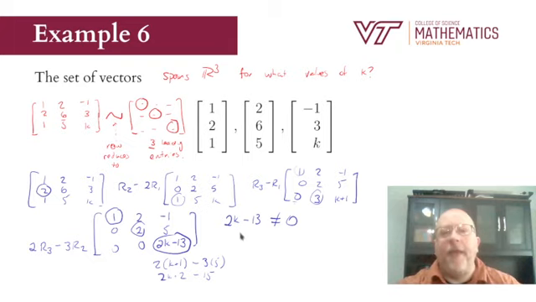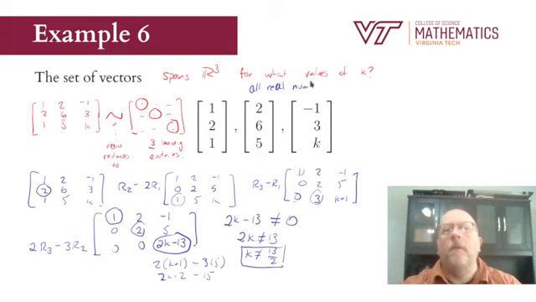And so 2k cannot equal 13, and so k cannot equal 13 halves. And so for what values of k? All real numbers except for 13 halves. And the set of vectors spans for all of those values.